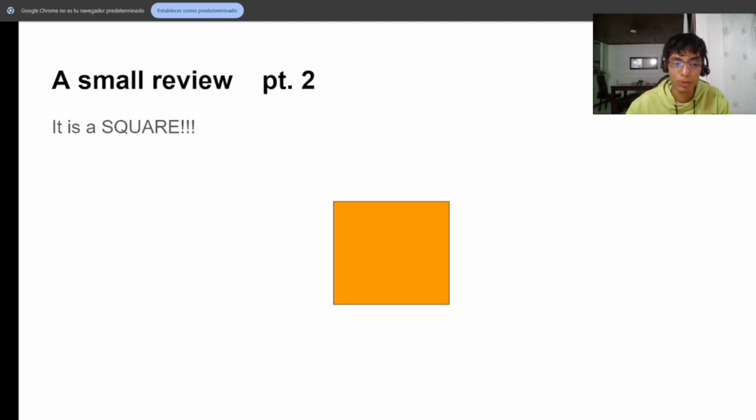Can you tell me what is the color of this square? It's orange. Yes, right. So please repeat after me. The square is orange. As we were talking about the trees, we are going to describe the square. So in this case, the square is orange.